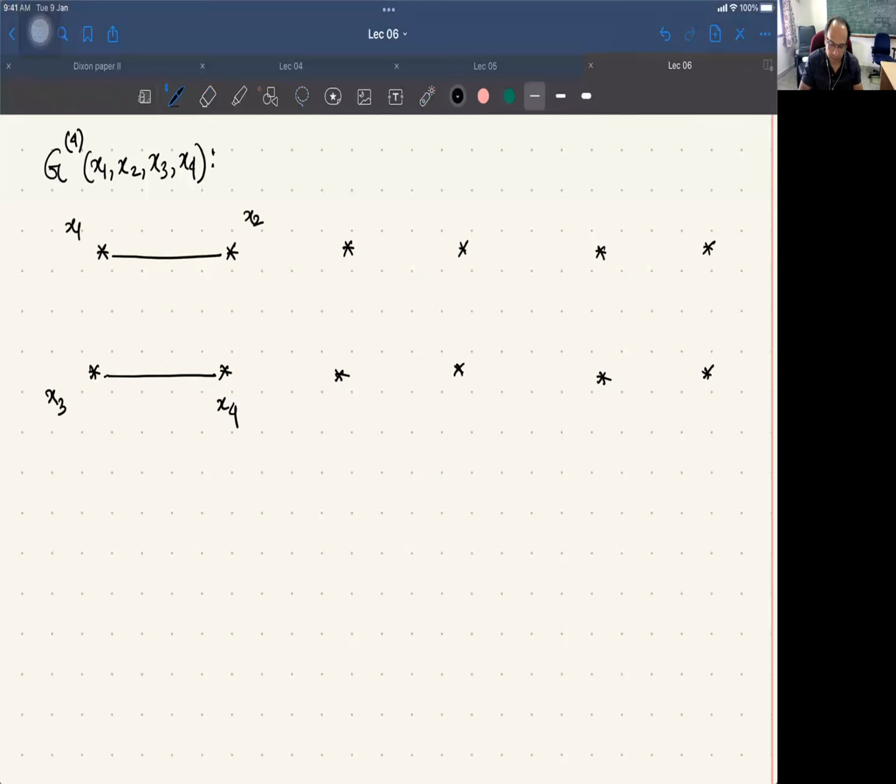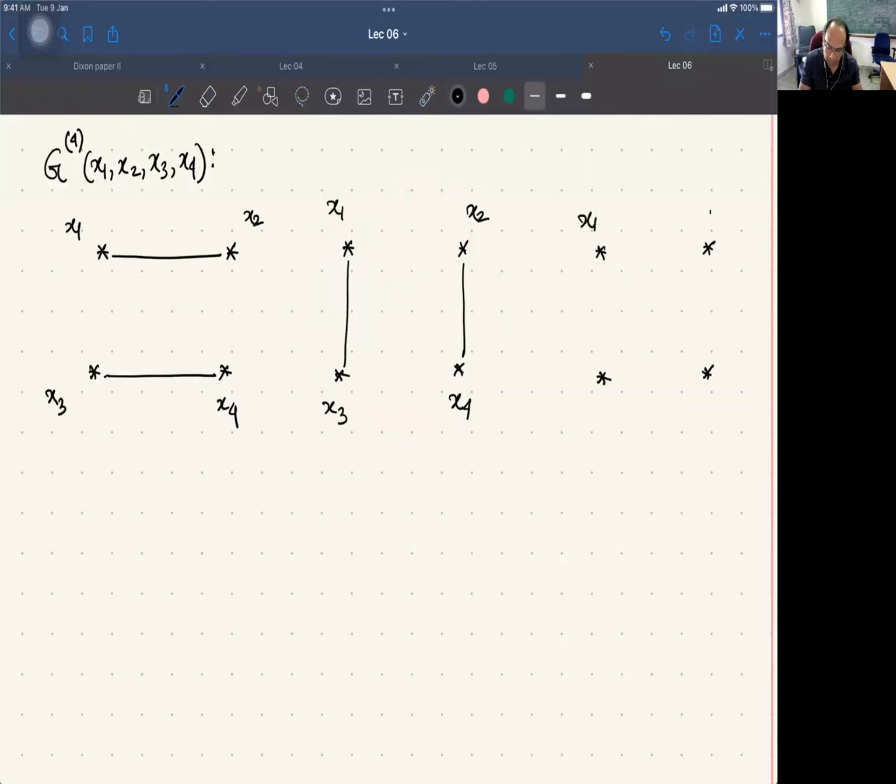The next diagram that we can take is to connect x1 and x3, x2 and x4, and that is another topologically inequivalent diagram, because you cannot make a continuous deformation of this diagram and make it look like this. If your names are fixed, once you fix the names, these two diagrams are topologically inequivalent.